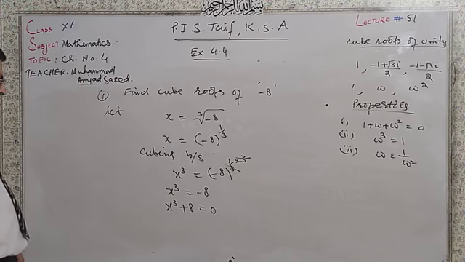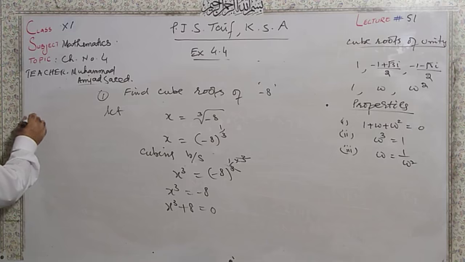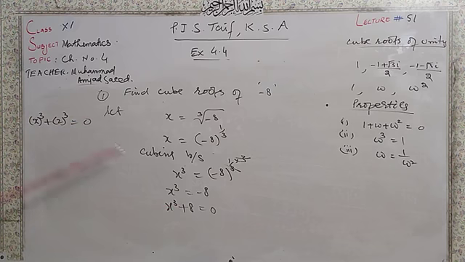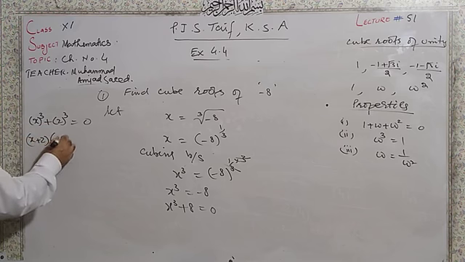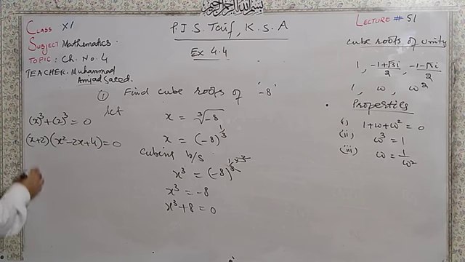Dear students, we can write x cube as x cube and 8 as 2 cube, so x cube plus 2 cube is equal to 0. We are applying the formula of a cube plus b cube. Then we have x plus 2 into x square minus 2x plus 4 is equal to 0.